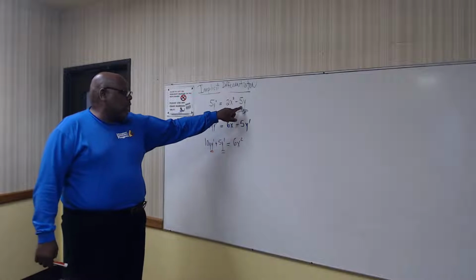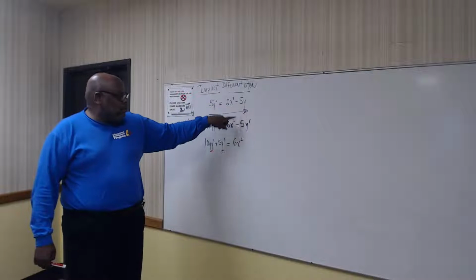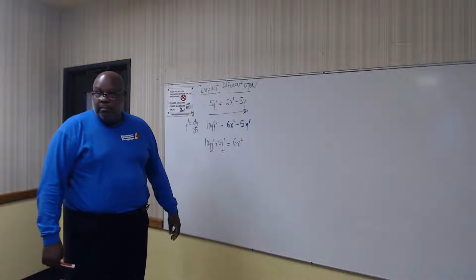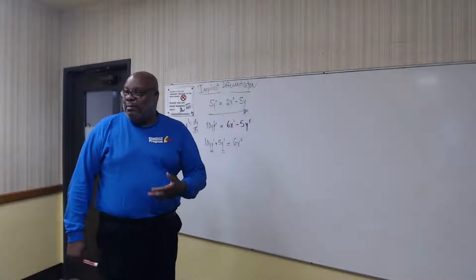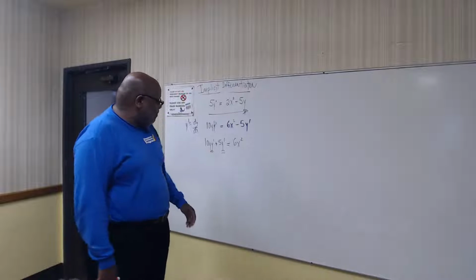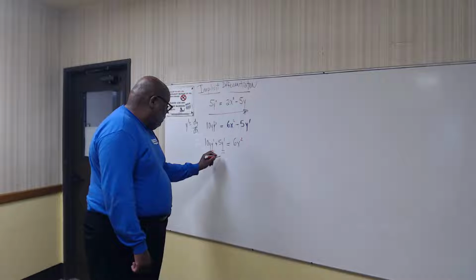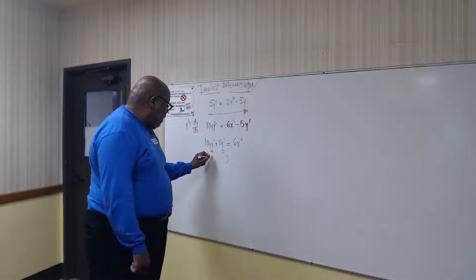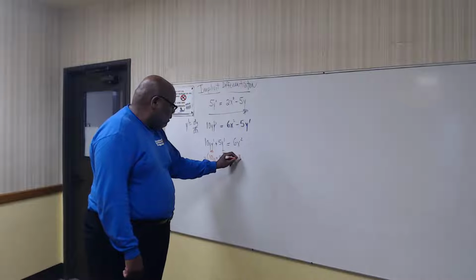But notice that as a consequence of the derivative of this being only minus 5, then I just add the y prime. So I can take the derivative, then you add the y prime to it. All right, so over here we factor out the y prime. How's that? I get 10y plus 5 equals 6x squared.